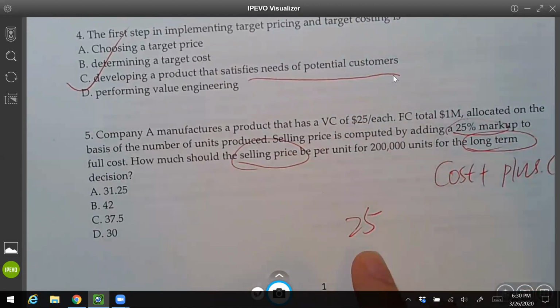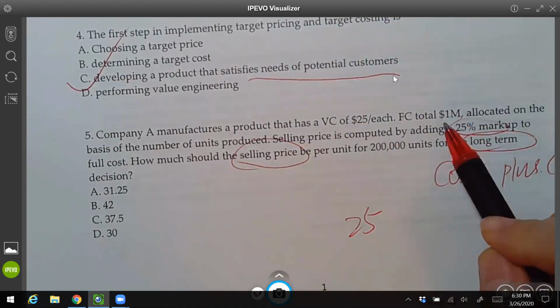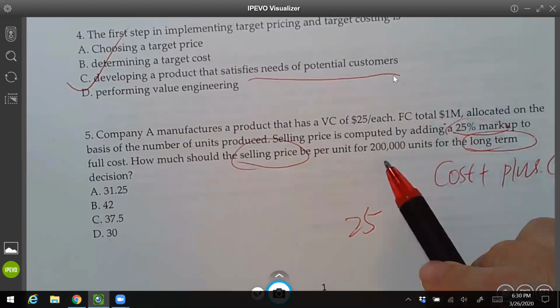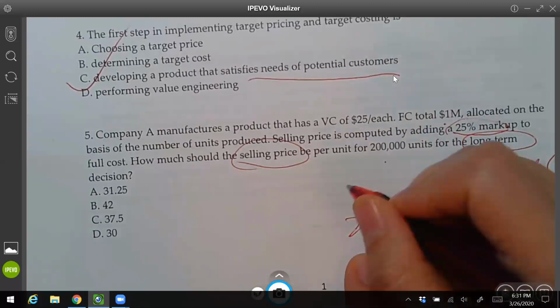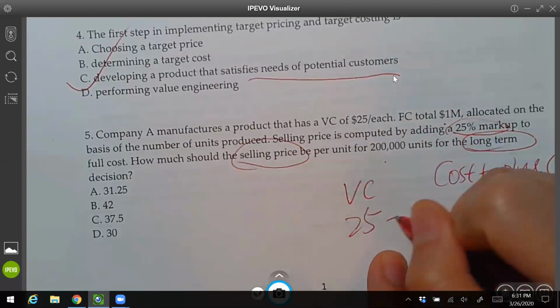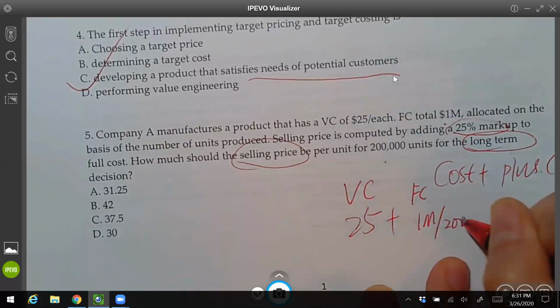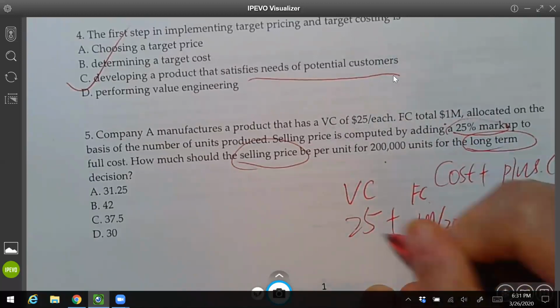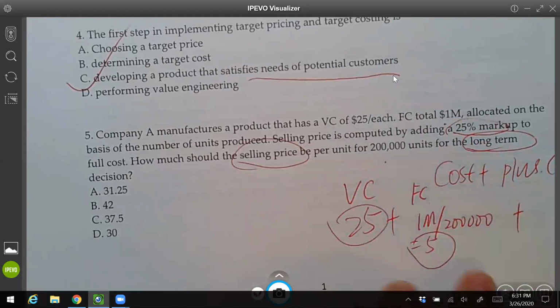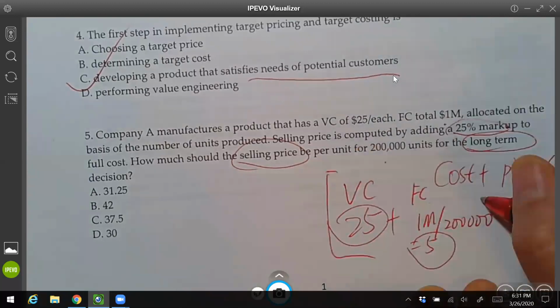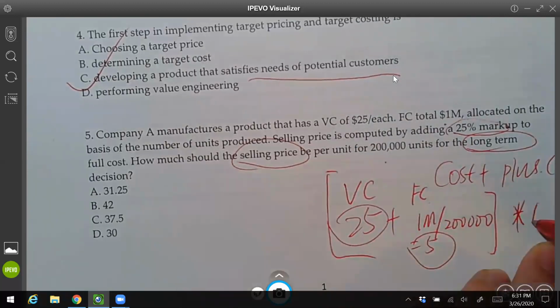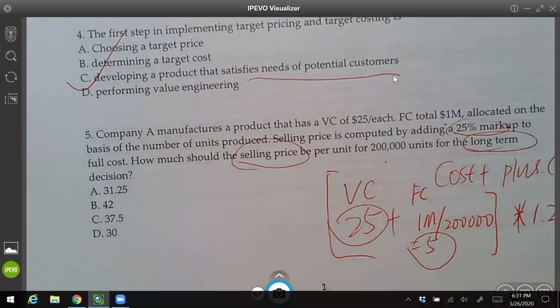Okay, fixed cost is $1 million, and this is a variable cost. Allocated fixed cost will be $1 million divided by 200,000, which gives me $5, and then I plus my markup. This is my cost, but then I need to multiply by 1.25 because I need to mark up by 25%.